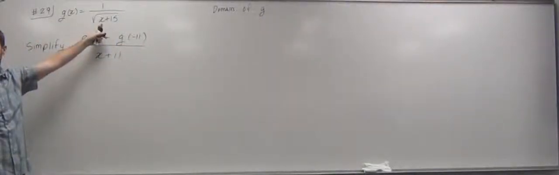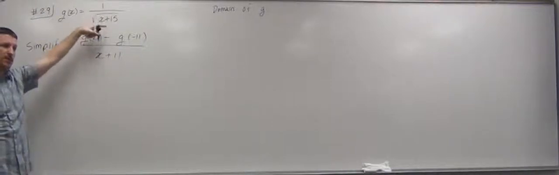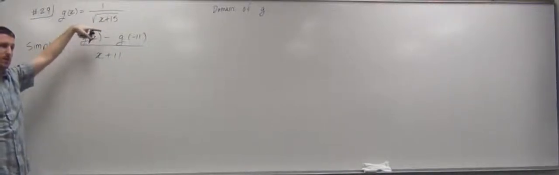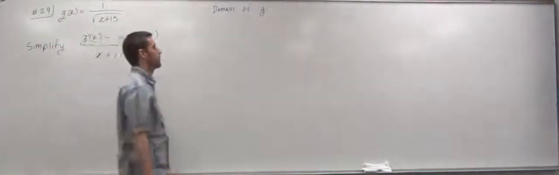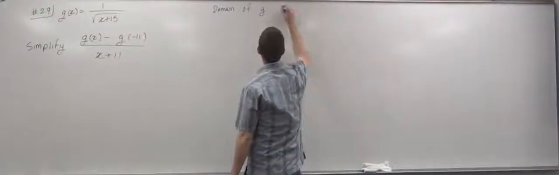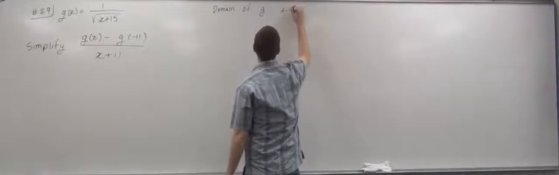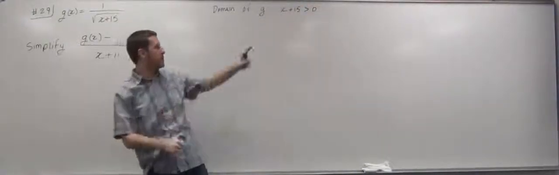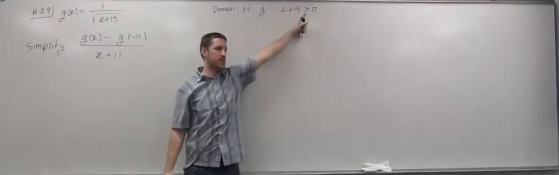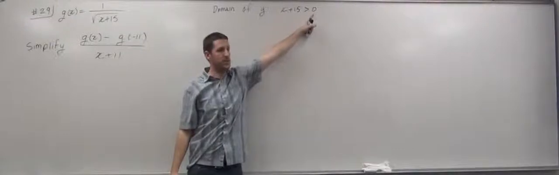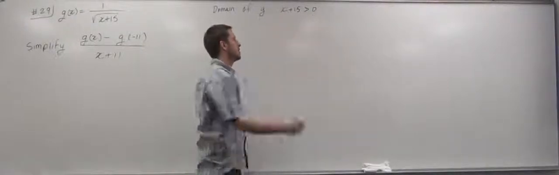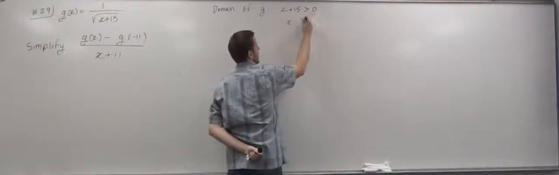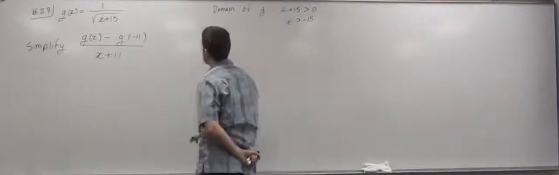Because your denominator is 0. In fact, you have more problems than that because you have a square root, and you can't have a negative underneath the square root. At least not if you're graphing. Right, so you can make a restriction, something like x plus 15 has to be greater than 0. Normally you would say greater than or equal to if it were a square root. But since the square root's in the denominator, you cannot have it equal to 0 either. So the domain of this guy is x has to be bigger than negative 15.